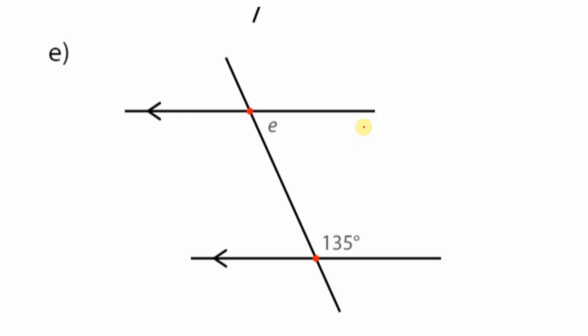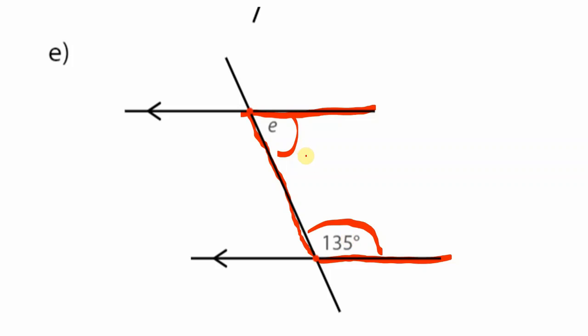Number E. What shape do we have here? Our U or C shape. So we have these two angles. They are both inside the lines that form the transversal. They are both on the right-hand side of the transversal. It is two angles, it's what we refer to as co, because there are two.